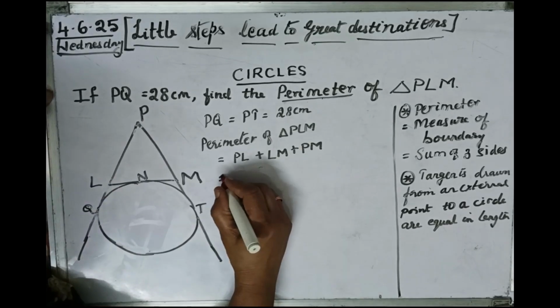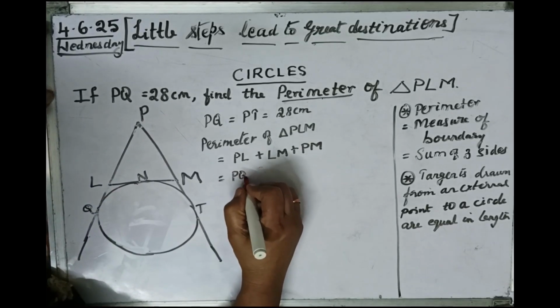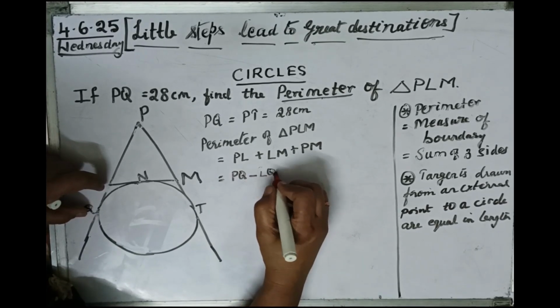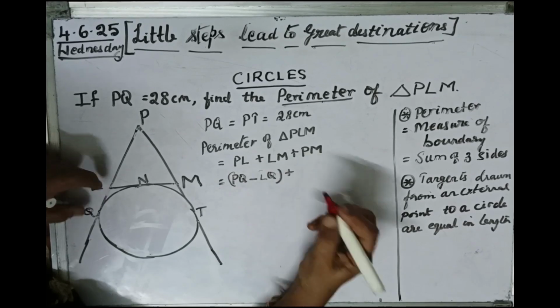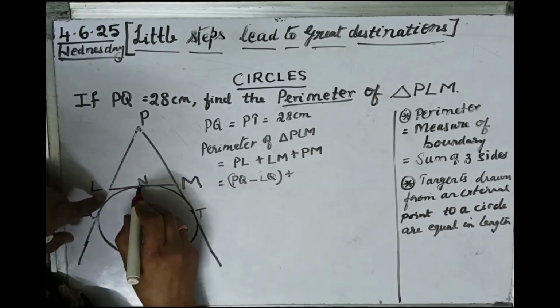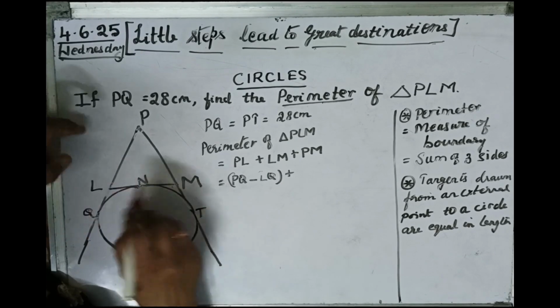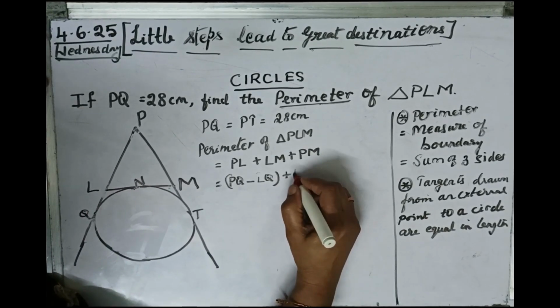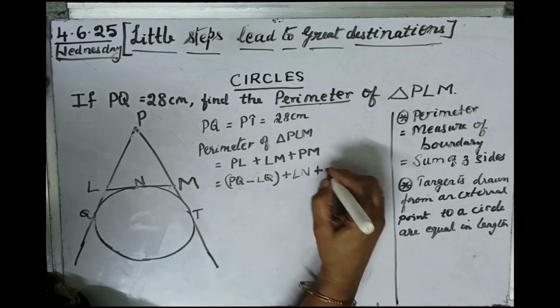So we can write this as PQ minus LQ, plus LM's length, which is nothing but LN plus MN. You will understand why we are splitting this and writing in the next part of the problem. LN plus MN.